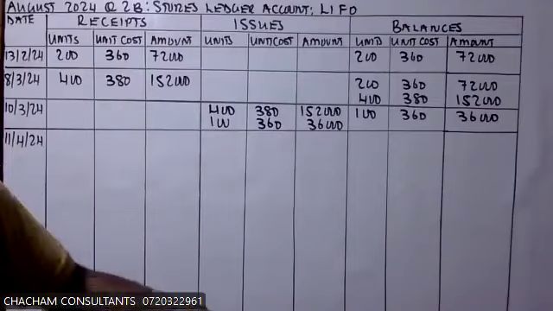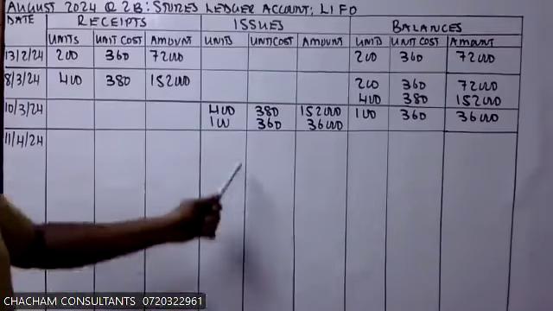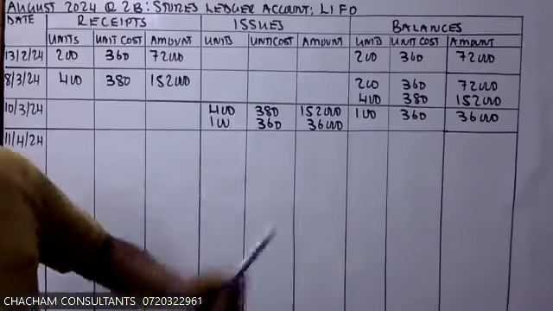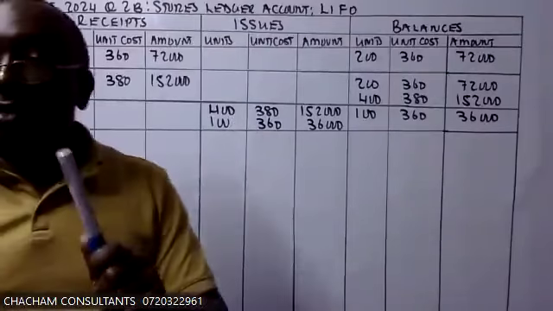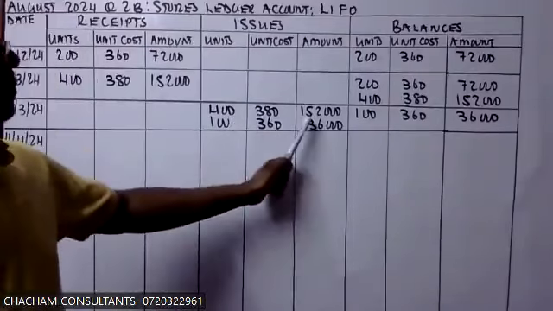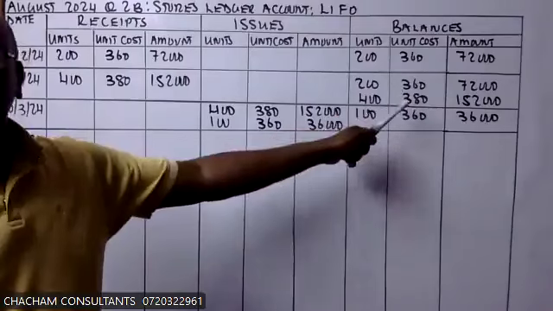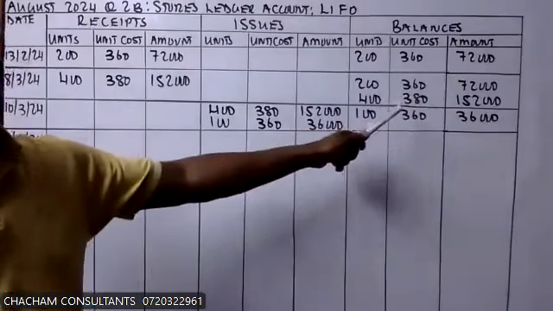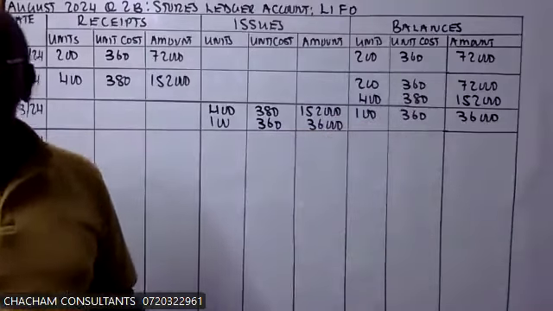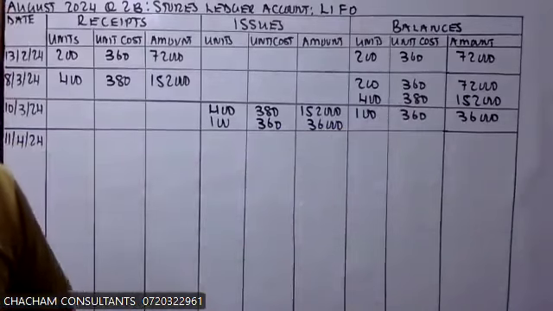And something you should have noted, when we have used these 500, hatujatumia the total sales value. The total sales value does not appear here. We use the costs. Sales value will come in when we are doing the income statement.